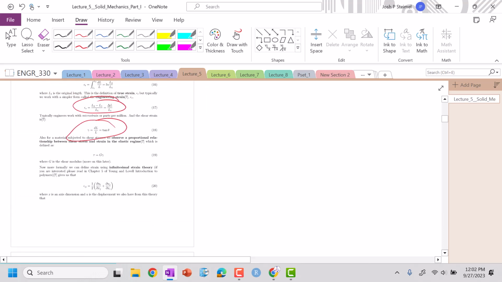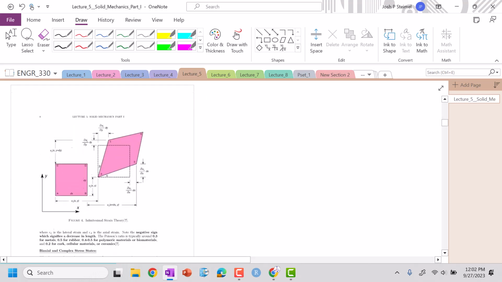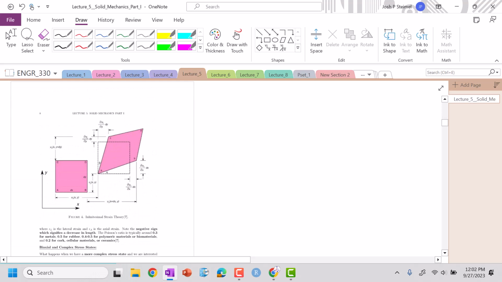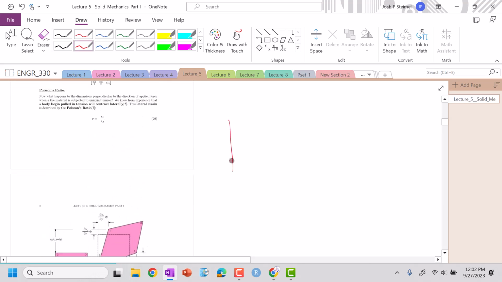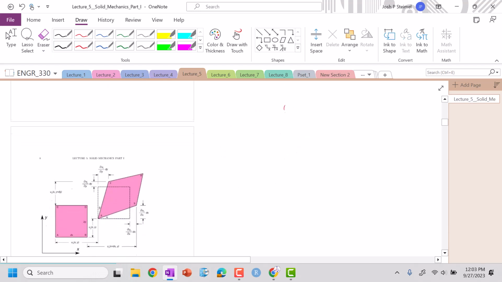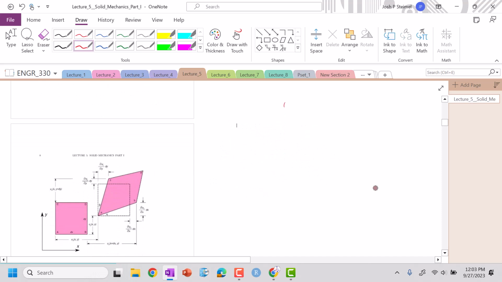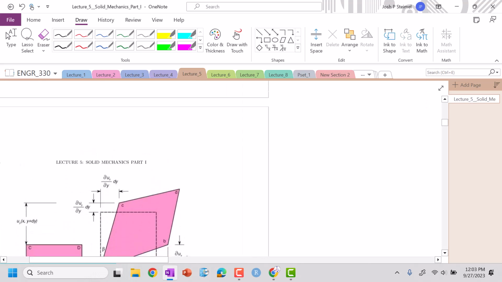Your shear strain, and we'll see an example of that, is effectively when I'm shearing our material. My shear strain will look something like this: I have an initial object, and then I shear it to some extent. You can see here a system in pure shear as well.